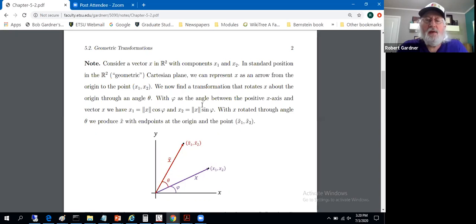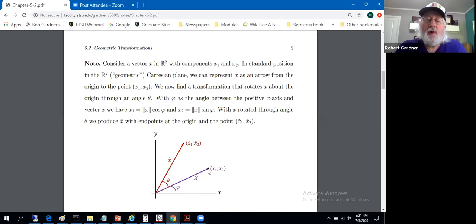Let phi be the angle that vector x makes with the x-axis. Sorry for all the x's. That one's a vector. It's just the coordinate system we've introduced. So let phi be the angle associated with x. With that said, then these coordinates x1 and x2, from your knowledge of the unit circle and trigonometry, the x1 coordinate is the length of that vector times the cosine of the angle.